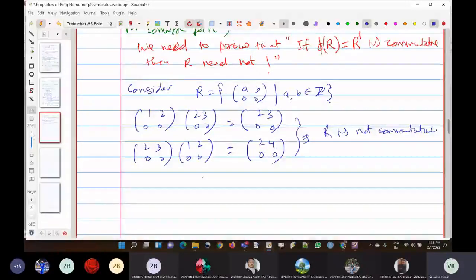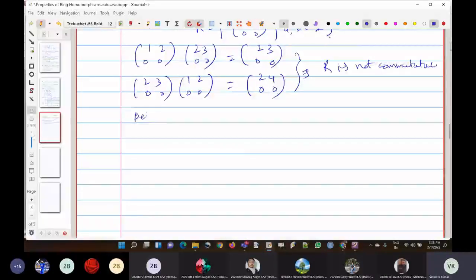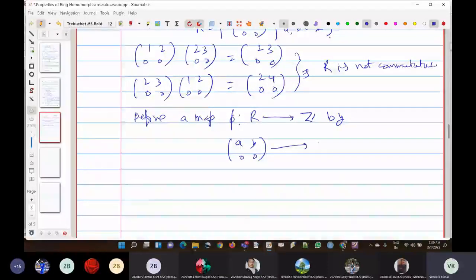Not commutative. Okay. Now we define a map phi from R to the set of integers by: any element (A, B; 0, 0), this matrix, is mapped to A under phi.